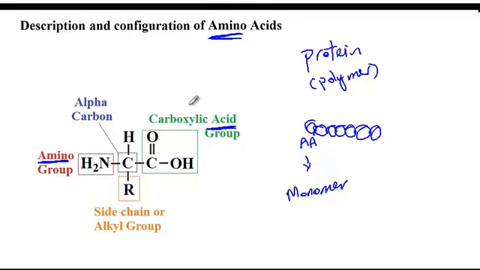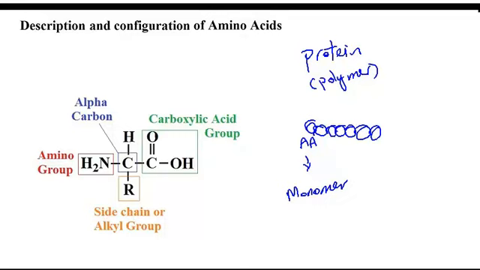All right, and then there would be an H also attached to the alpha carbon, and then finally we have a side chain that will be different for different amino acids. So all these 20 amino acids have the same amino group, carboxylic acid and hydrogen, but it's their side chain that would be different.